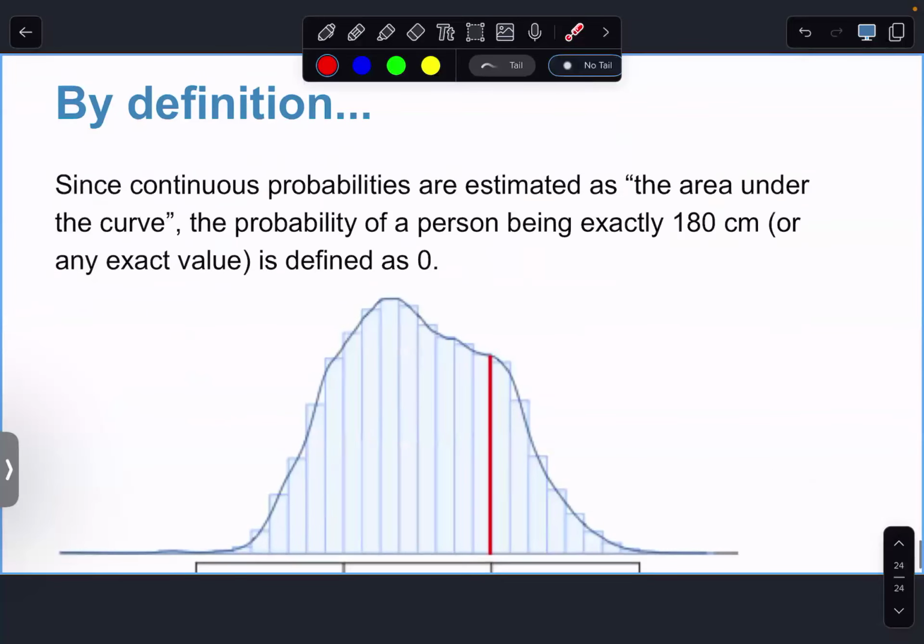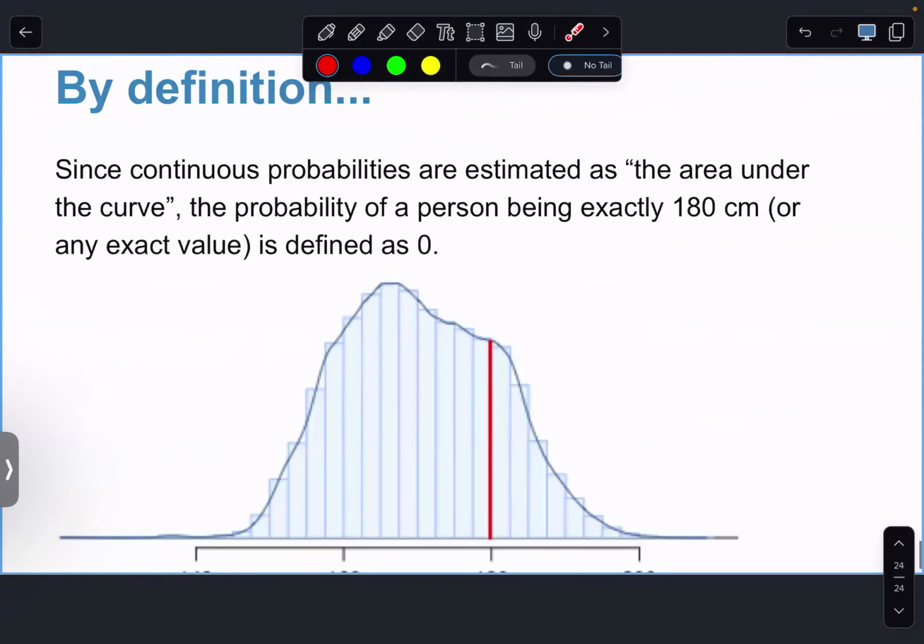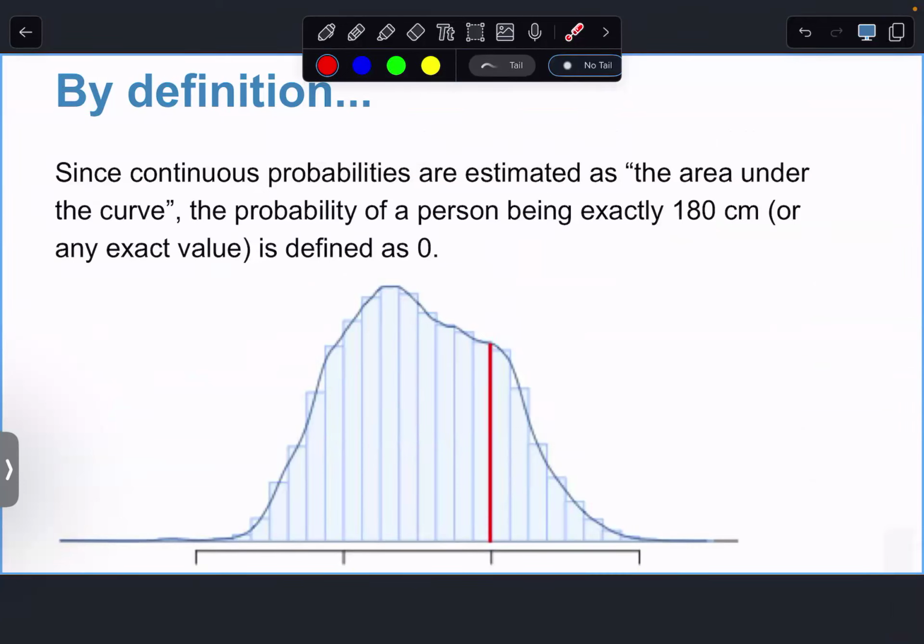But the last thing I want to mention and highlight is continuous probabilities are a little bit different than the discrete probabilities, where we found the probability of drawing a red ace, for example, right? We can find those probabilities. However, the probability of a person being exactly 180 centimeters is 0.